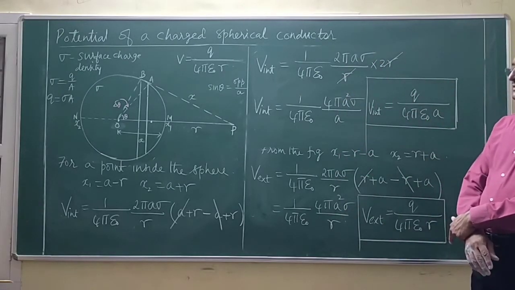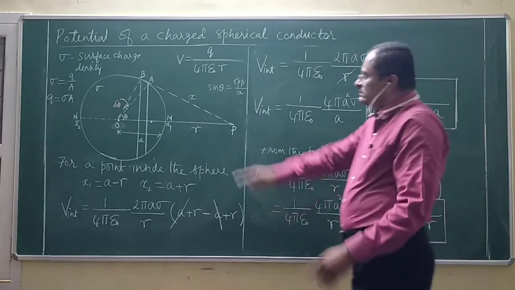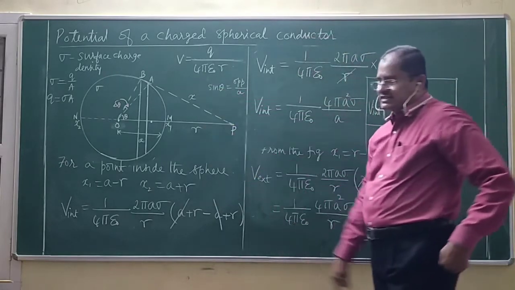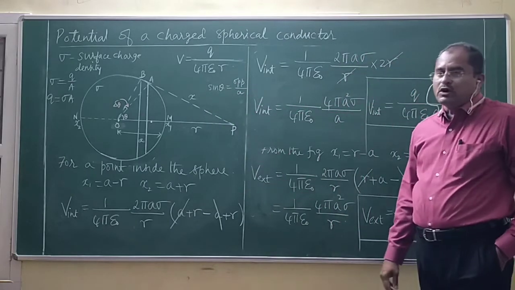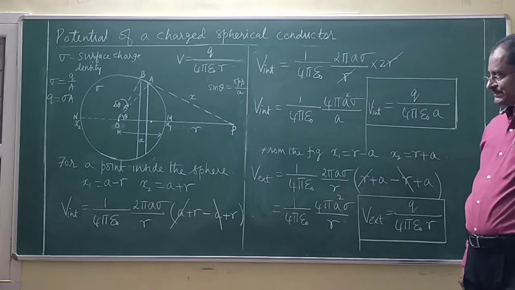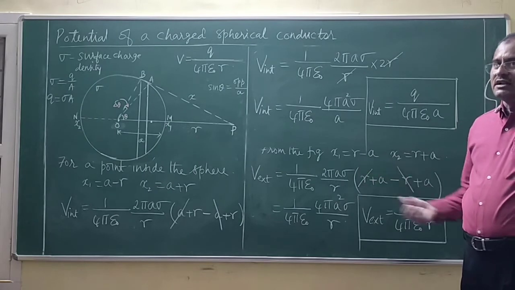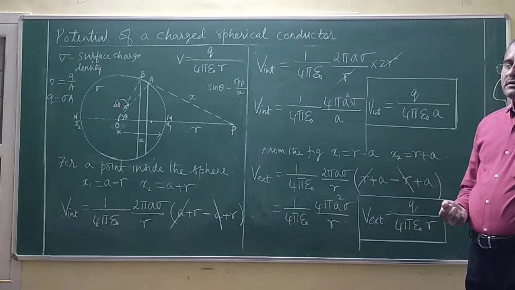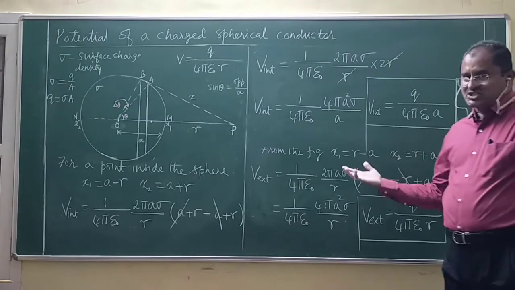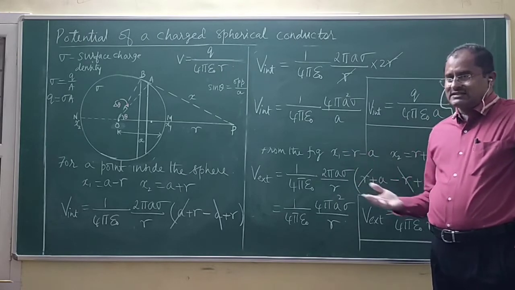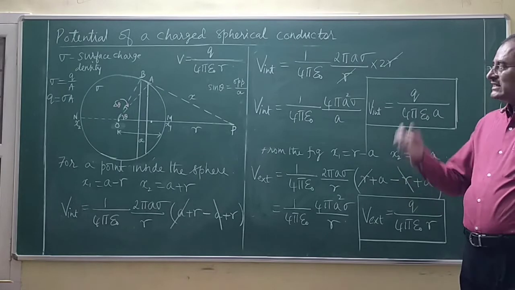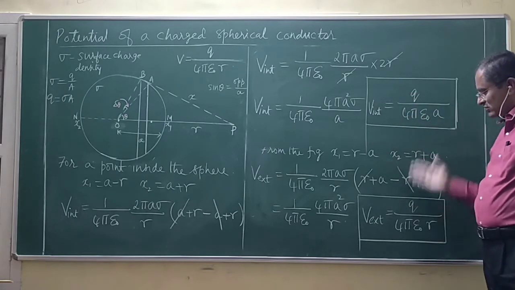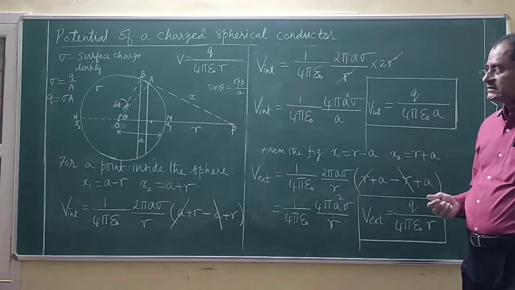So this is a direct application of how to use this expression V is equal to Q upon 4 pi epsilon naught R. A detailed question can be asked in section C, or a problem can be asked based on these final formulas.